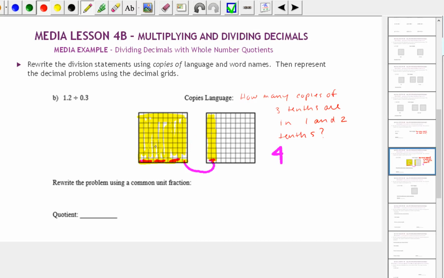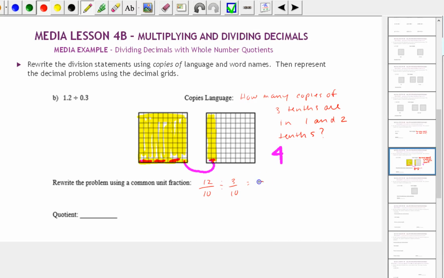But if they look at this and see it's 12/10, so 1.2 is 12/10, and 12/10 divided by 3/10. So we said in the fraction section, if we have a common denominator, we can just divide the numerators and the denominator.